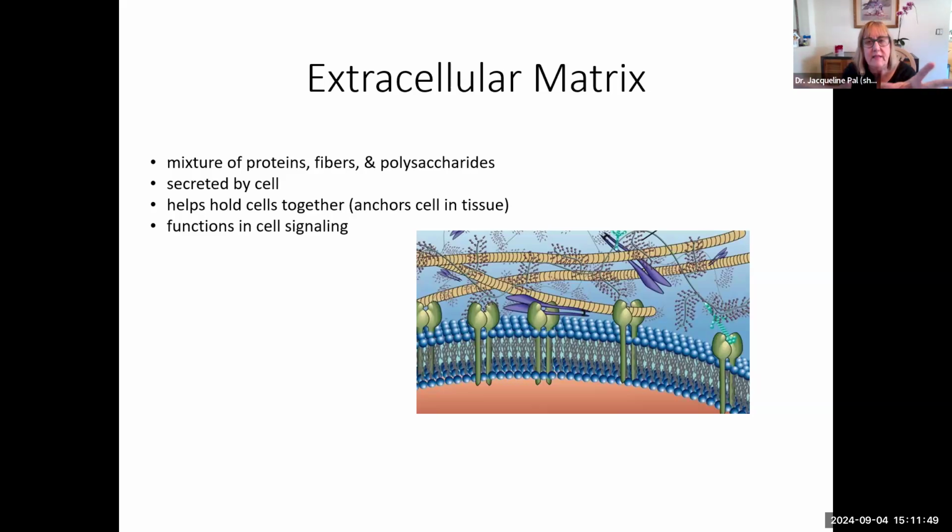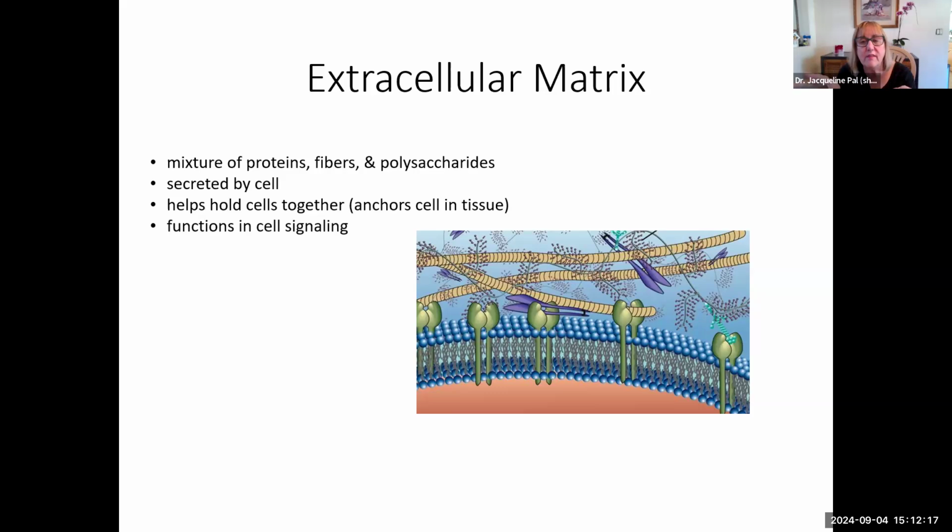All right. So these are not organelles, but I just want you to realize that outside the cell, in other words, extracellularly, there's more than just water. It's what we call the extracellular matrix. So yes, it's a watery based environment, but there's a mixture of proteins, different types of proteins. There's going to be fibers. There's going to be polysaccharides. You remember what a saccharide was? Sugars.